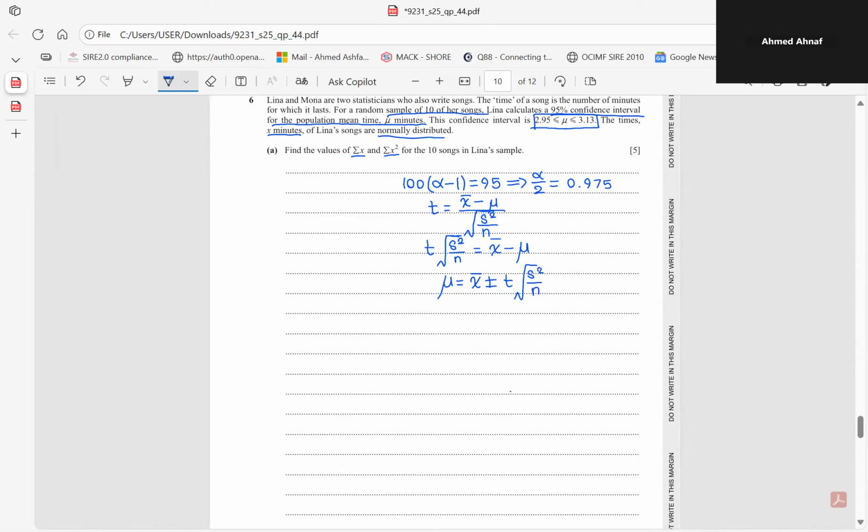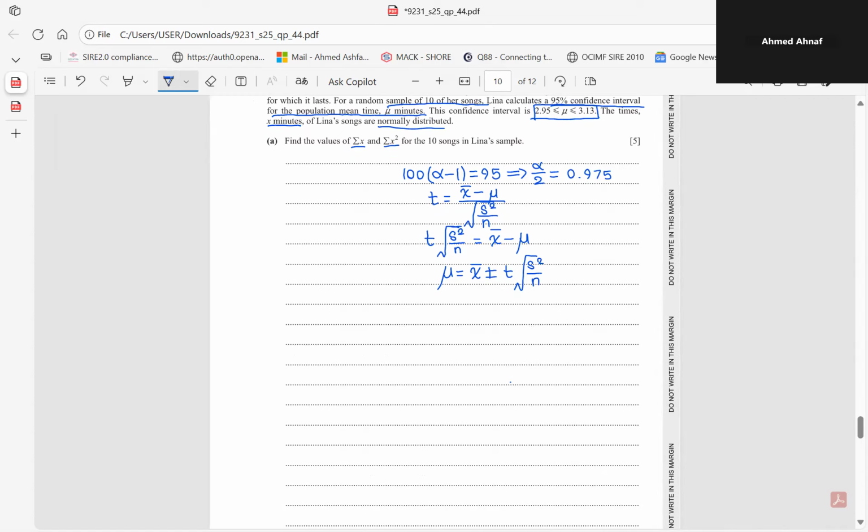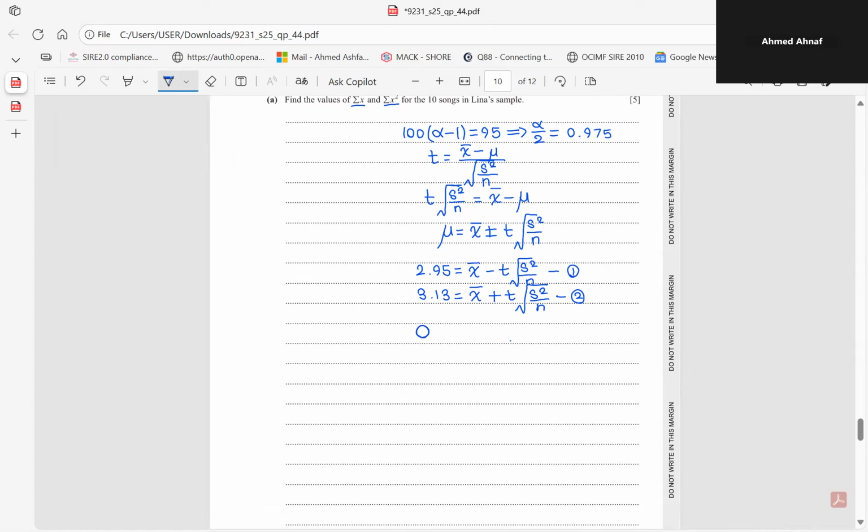So let's form the equations now. Let's take the lower limit: 2.95 equals x bar minus t times the square root of s squared over n. This is equation 1. And then the upper limit, 3.13, is x bar plus t times the square root of s squared over n. This is equation number 2. So you just add up equation 1 and equation 2.